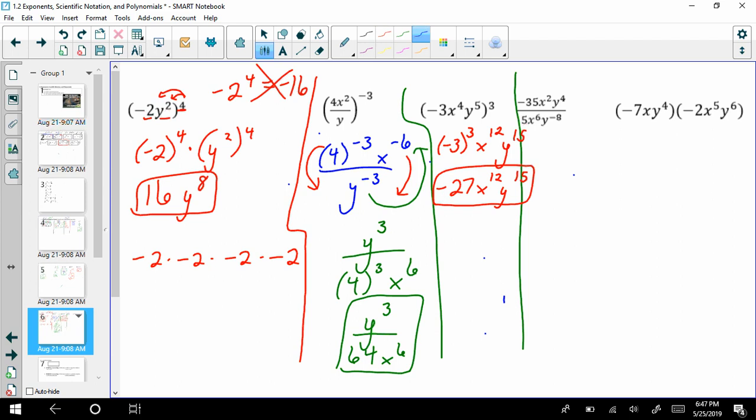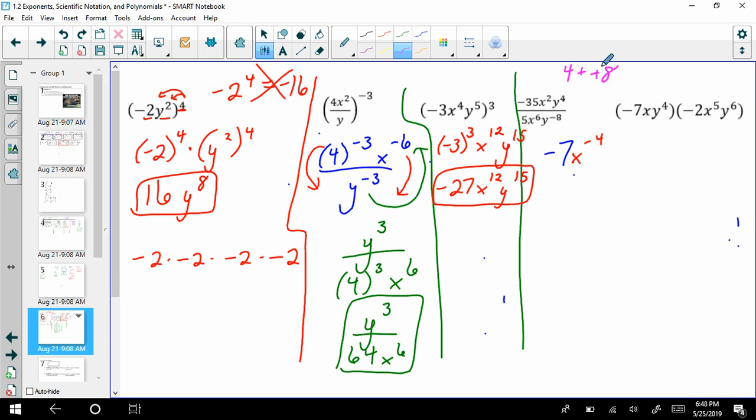Okay, next one. Let's do our division. So negative 35 divided by 5, negative 7. So let's subtract 2 minus 6, right? We're subtracting for the x's. So 2 minus 6 is negative 4. And then let's subtract for the y's. So 4 minus negative 8.